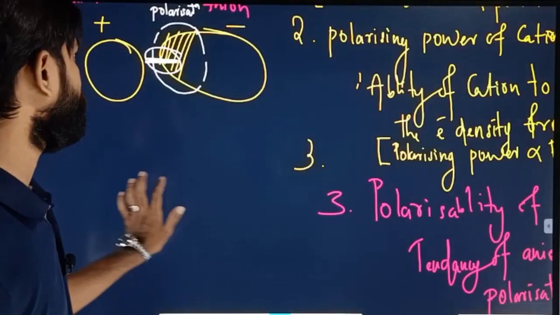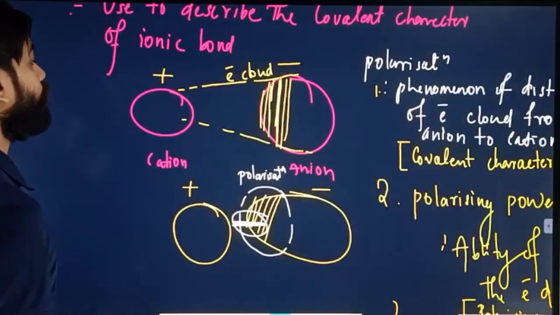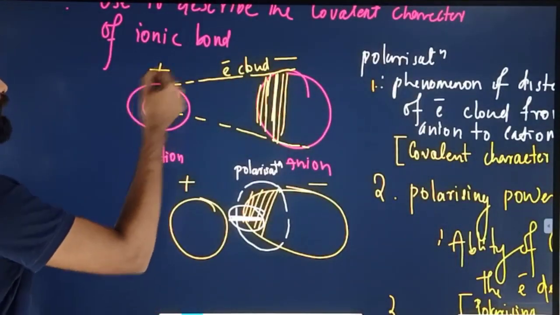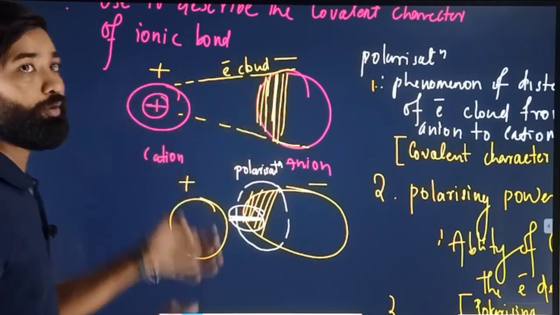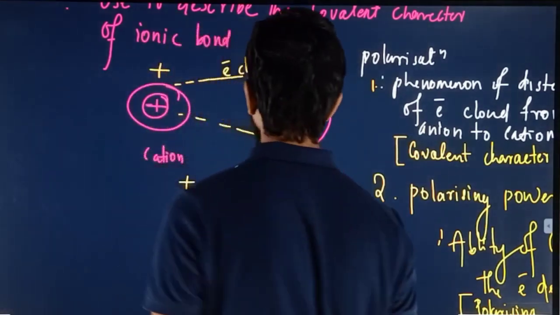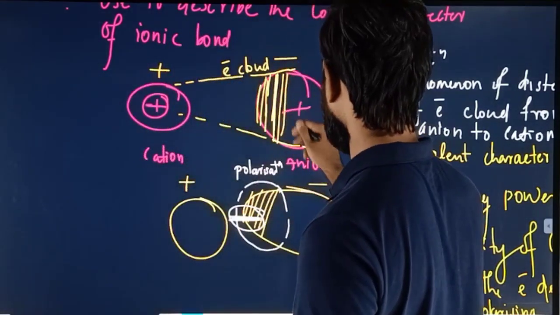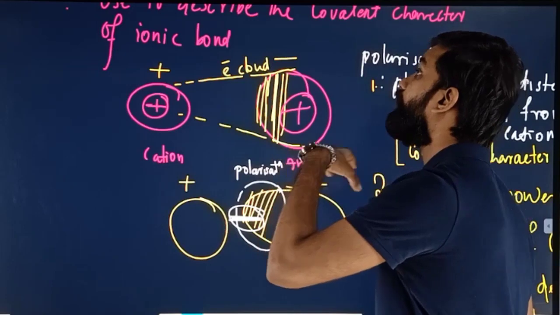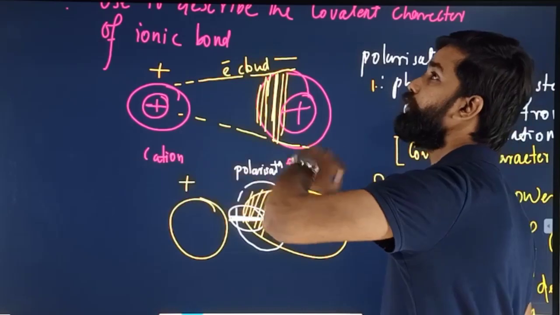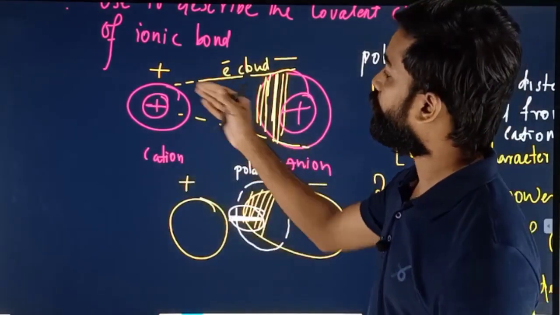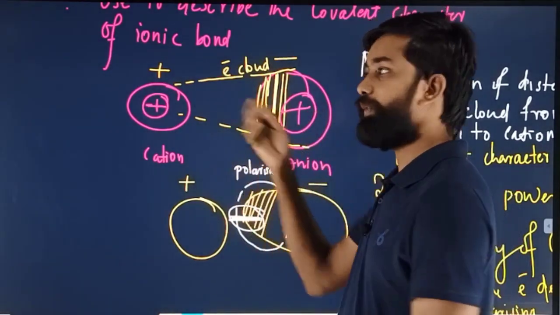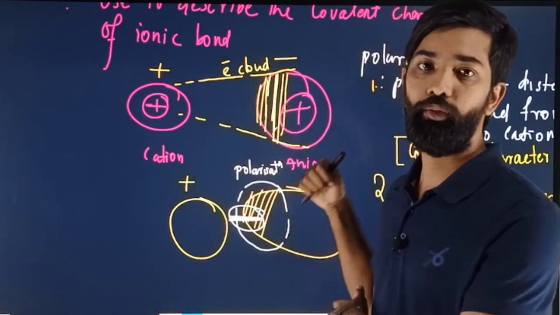One thing is clear: if the nucleus of the cation has a greater force of attraction, there will be a greater polarizing power by that cation. Similarly, if the nucleus of the anion has a greater force of attraction, then the electron cloud will not distort towards the cation; it is always held by the anion.